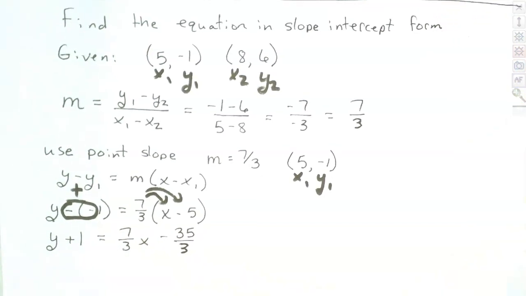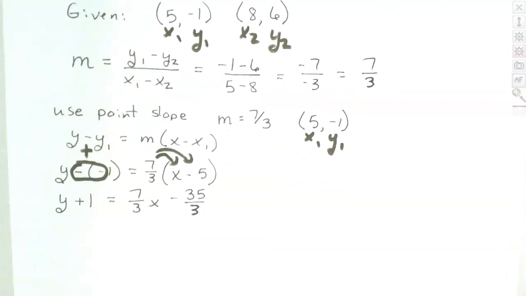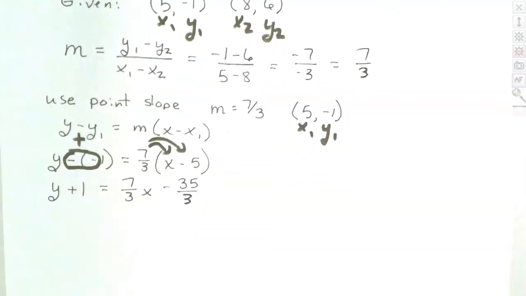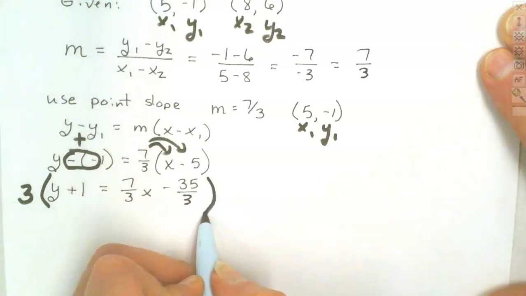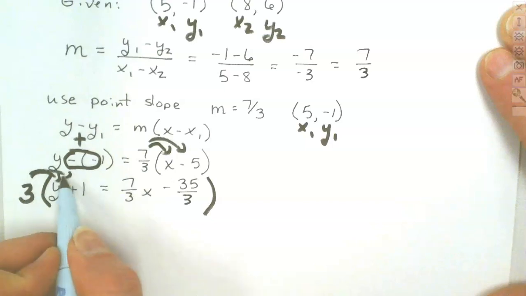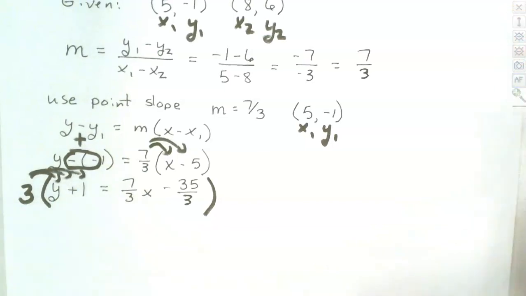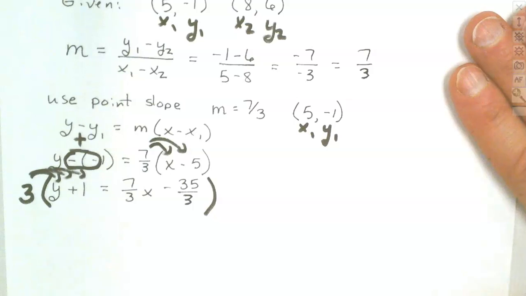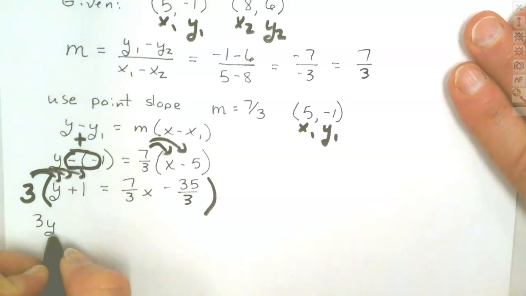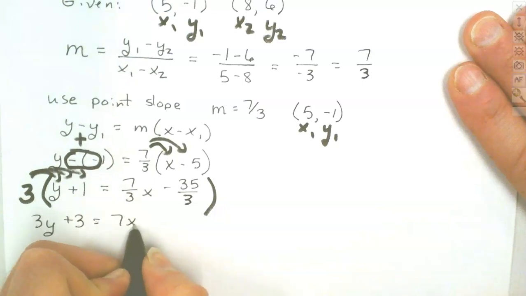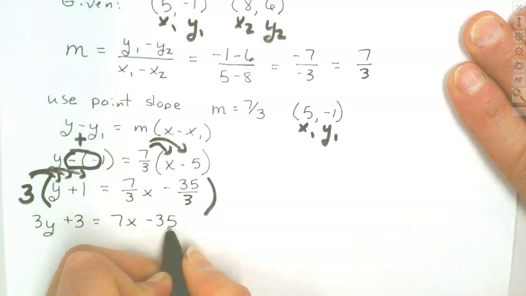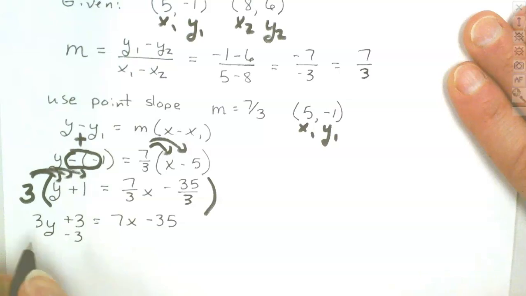We want to get this, again, in slope-intercept form, and it's easier if we just clear out the fractions at the beginning. So let's multiply all the components by 3. And that leaves me then with 3y plus 3 equals 7x minus 35. We'll move that 3 over.